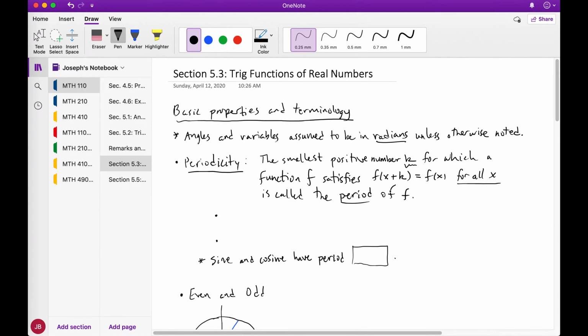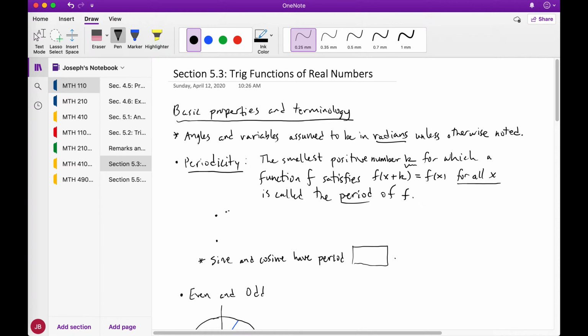And so essentially what this is saying, and maybe you're familiar with periodic functions, is that if there is some fixed number that every time you add that number to your input, you get the same value. Okay, so coming over here, if you look back at your unit circle, you'll notice that you can go all the way around the circle, and every time you do that, both sine and cosine values will repeat themselves.